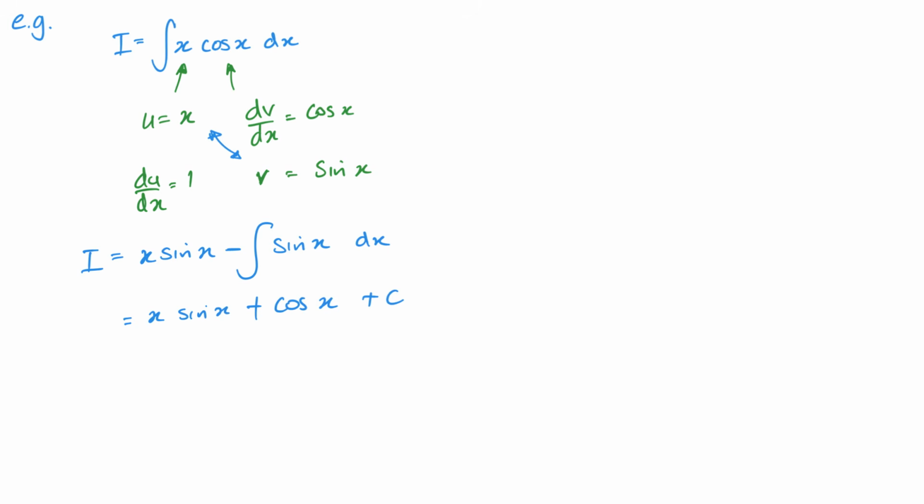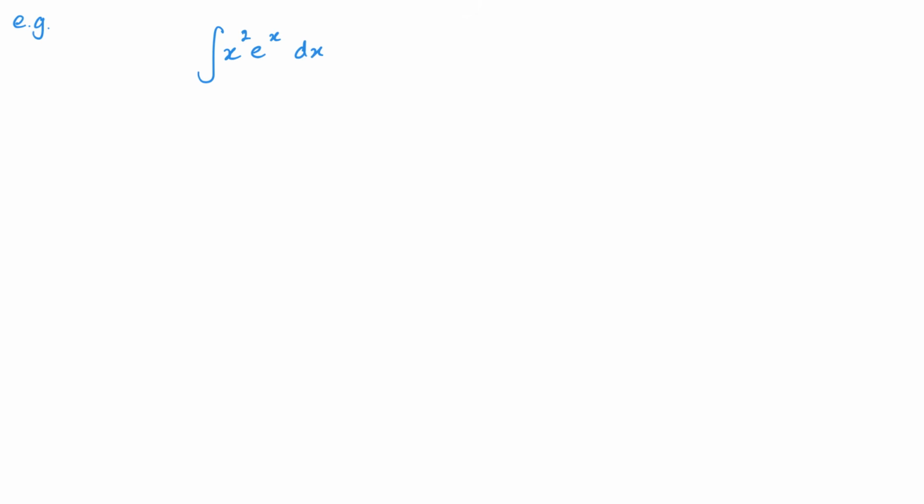Let's have a look at another example. Okay, so starting the same as before, this one's going to be my u term, and this one will be my dv by dx term. So u equals x squared, du by dx will equal 2x. Then we've got dv by dx equals e to the x, and when I integrate that, it's going to be the same.